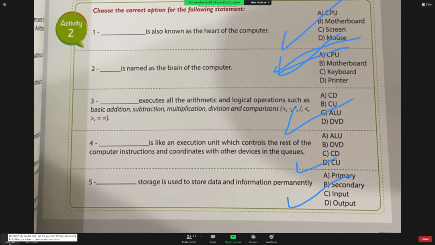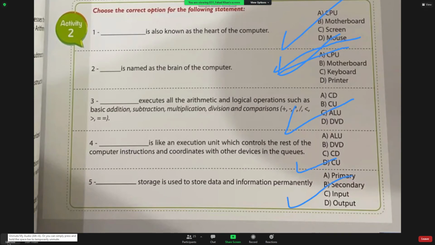So you just have to focus on these activities a bit more. You just have to remember the activities and understand them more clearly. I hope everybody has understood what we have done in the activities, these 10 questions from activities 1 and 2. Has everybody understood it?